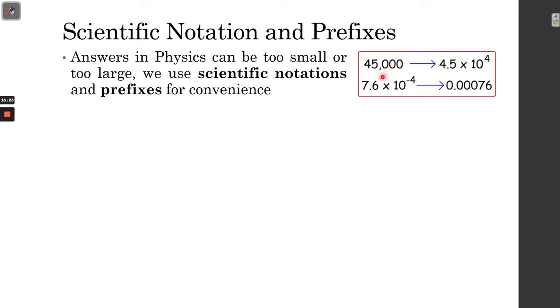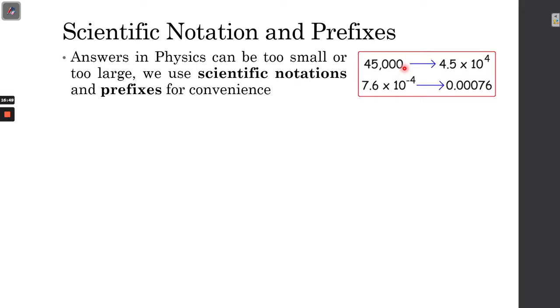So instead of writing 45,000, we basically move the decimal point. A lot of you are already familiar with this, but if you are not, please listen. Basically what you want to do is move the decimal point. For 45,000, the decimal point is at the last place, kind of like where the red dot is at the moment.